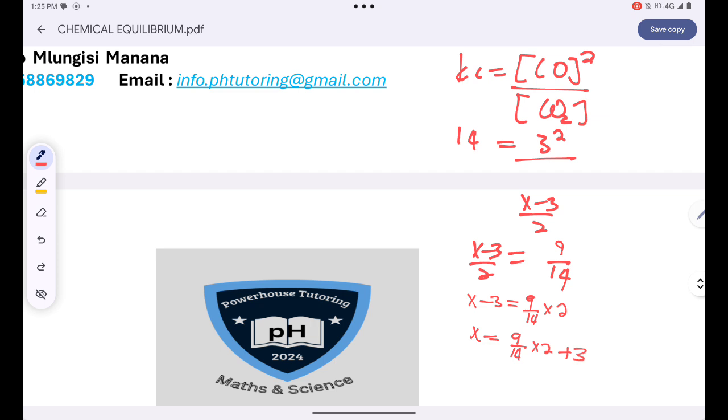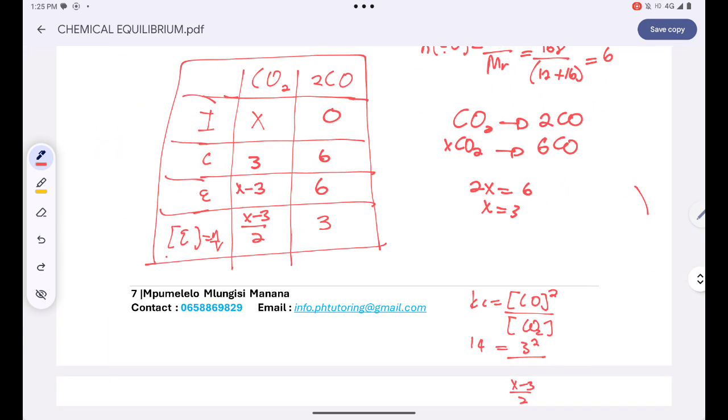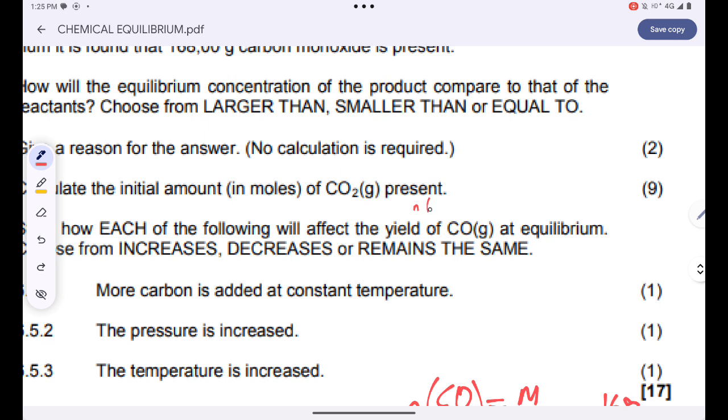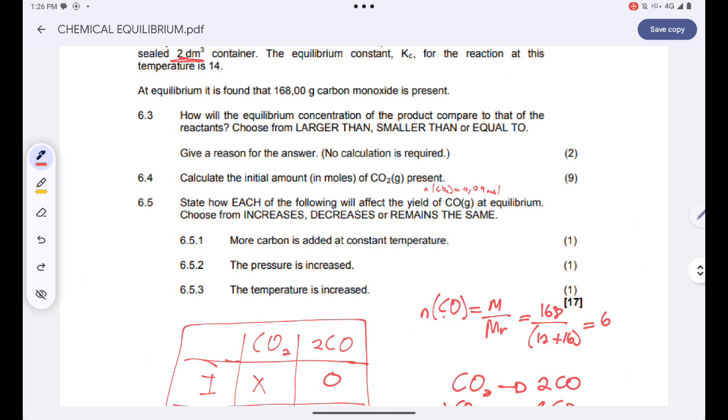So this is basically equal to 4.2857. That's 4.29 moles. So the initial number of moles that we had of my carbon dioxide is just 4.29 moles.